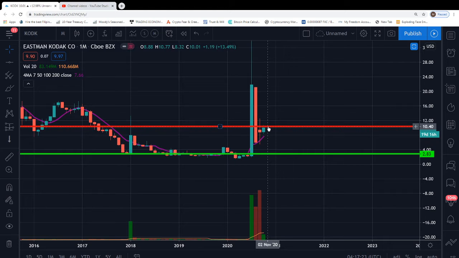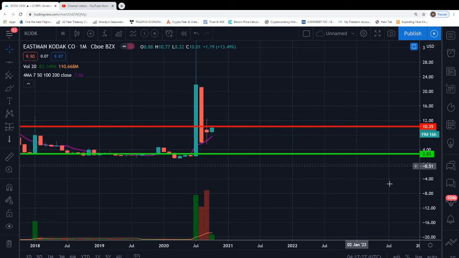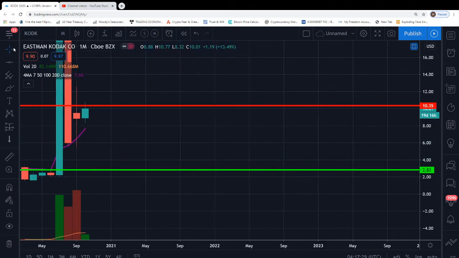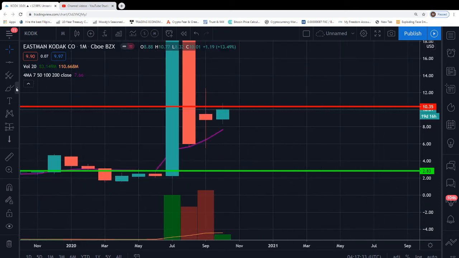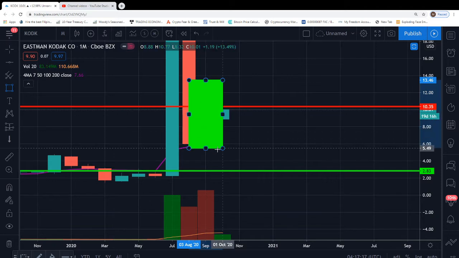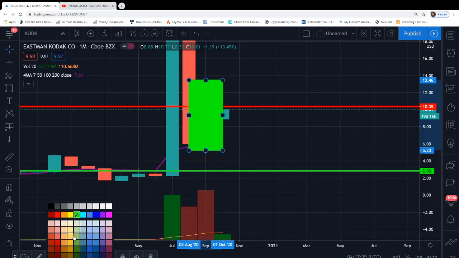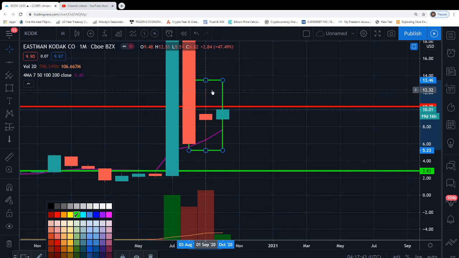So basically what we're looking at now is this candle right here, let's zoom in. This leads me to believe that the buyers or the sellers, it's kind of undetermined at this point, stepped in with this candle here. Let's lighten that up so you can see it. They stepped in and they made this candle here. So the range, the wick and everything, is going to be at a high of about $12.51 and a low of about $5.51.